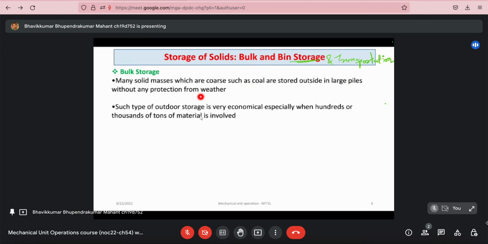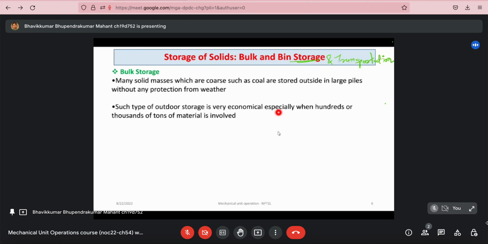You are not considering protection from weather. In India, if you transport coal from one place to another by railway, they always use open wagons, sometimes not closed. For coal particles it is fine, and such outdoor storage is very economical.